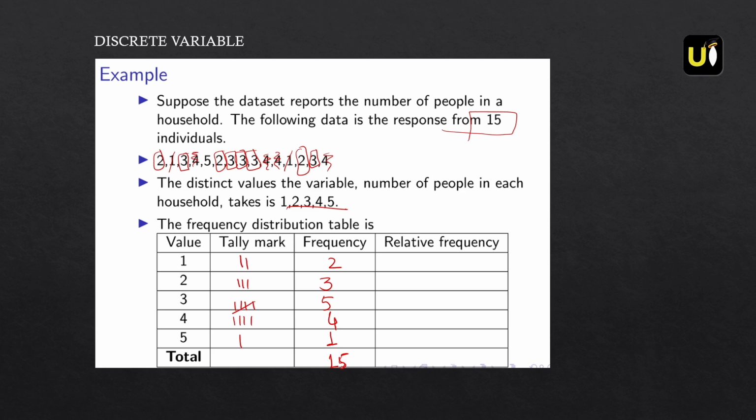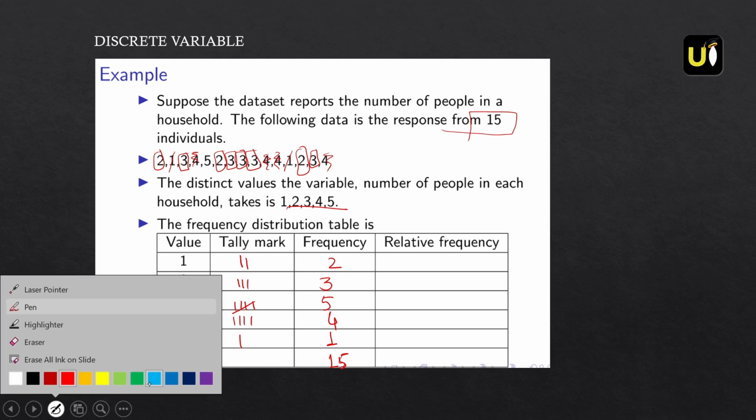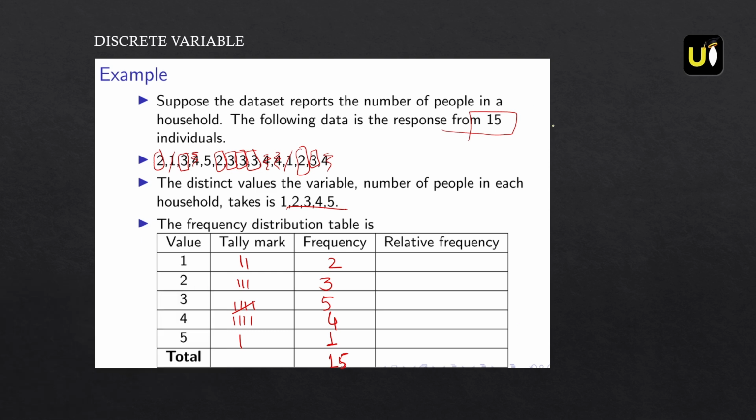Alright, so now we will find relative frequency. I already told you the formula of relative frequency in the previous class. Relative frequency is equal to the particular observation we are considering upon the total number of observations.